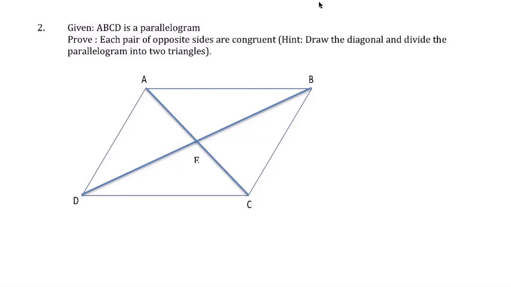Our goal is to show, and this is always the first step you want to take with a proof, our goal is that we want to show that the opposite sides are congruent. That is, we want to show that AD is congruent to BC, and we want to show that AB is congruent to DC.